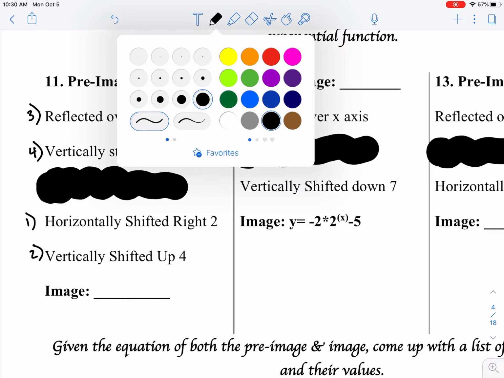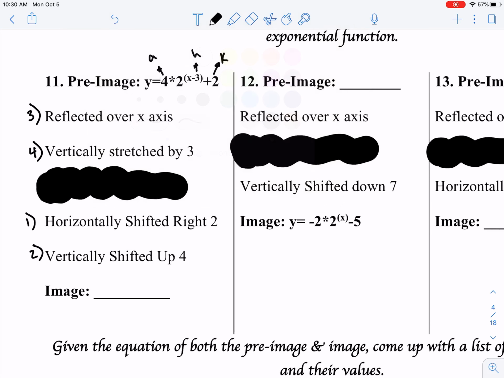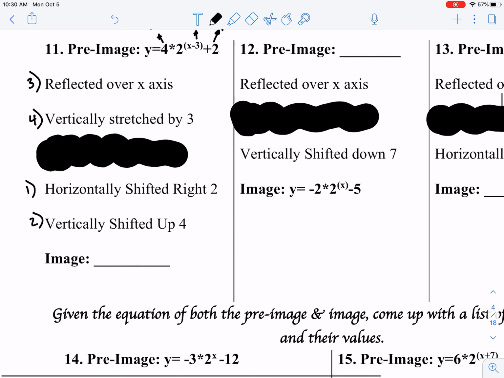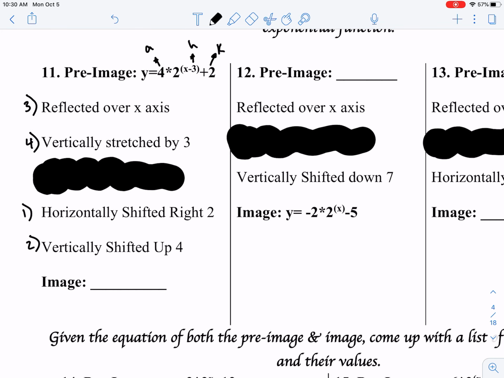All right. So the trick to all of this is, if I want to shift right 2, that simply means just going to add 2. So my H value right now is positive 3. Remember, because I take the opposite sign. A is equal to 4.